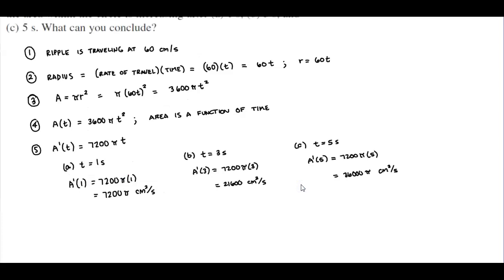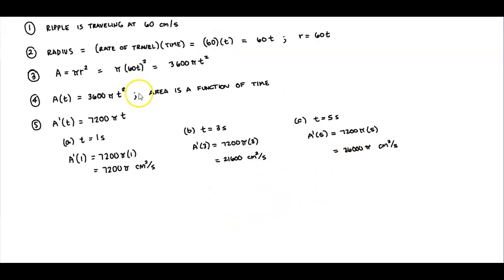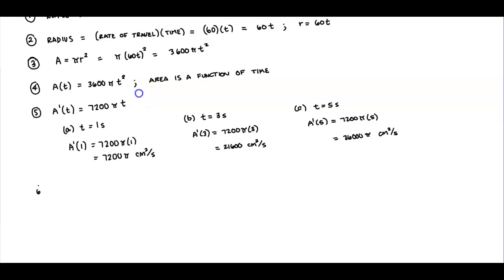So what's happening here? When it's 1 second, it goes to 7200 pi centimeters squared per second, and then 21,600 pi, and then 36,000 pi. Okay, so what can we conclude? Well, we can conclude that as time goes by, the area grows at an increasing rate.